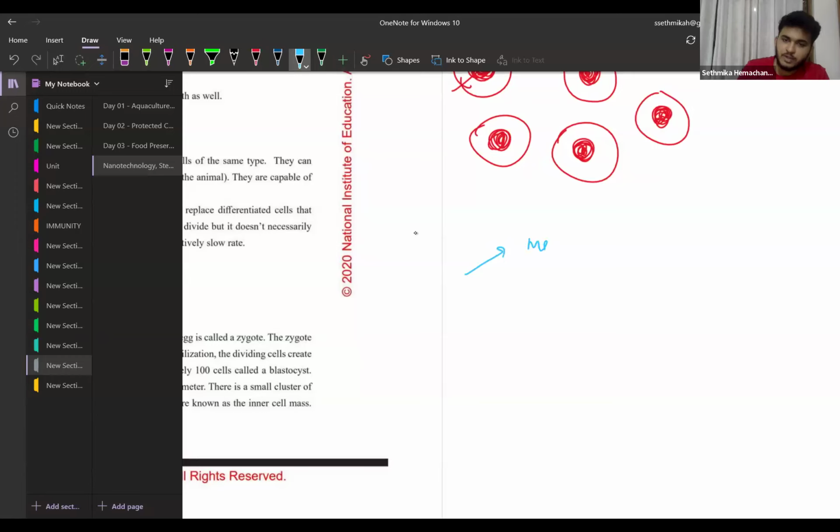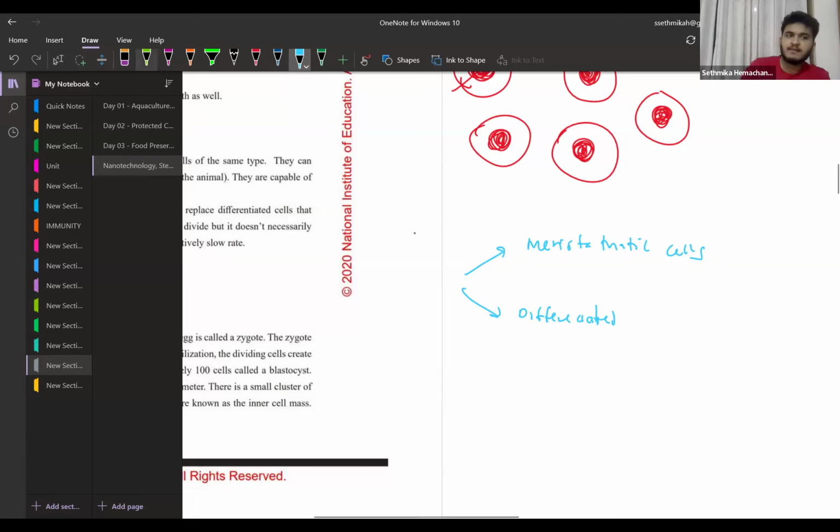They divide and form more meristematic cells, and some others will be differentiated into other cell types, right? So meristematic cells constantly divide, while some of them remain as meristematic cells and others are differentiated into other cells.